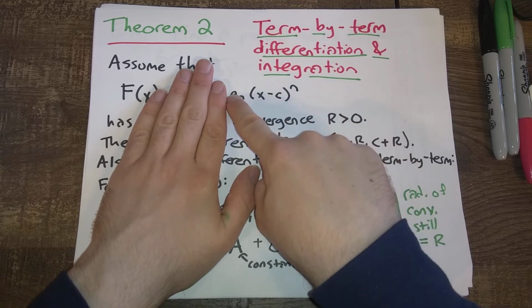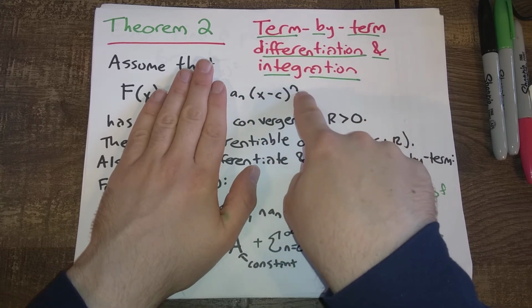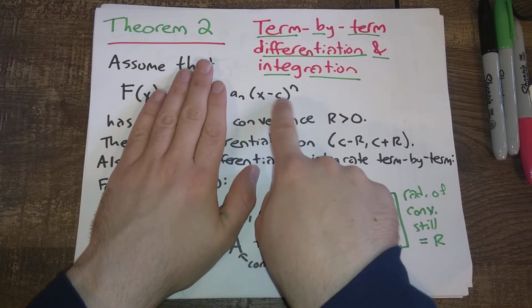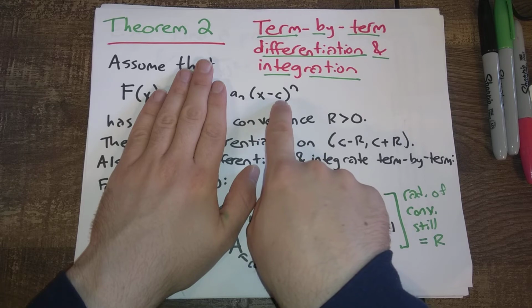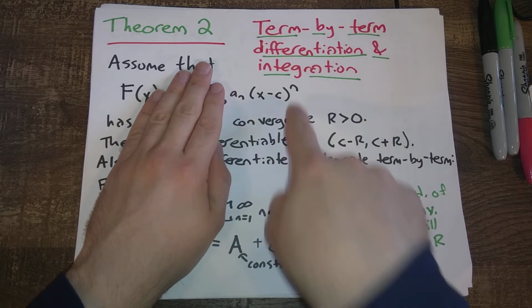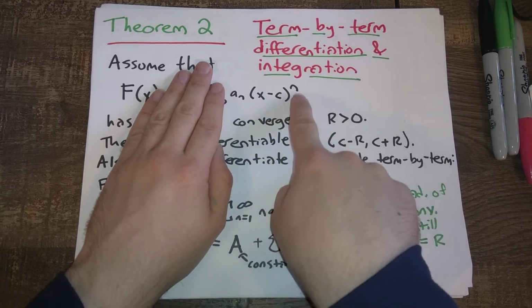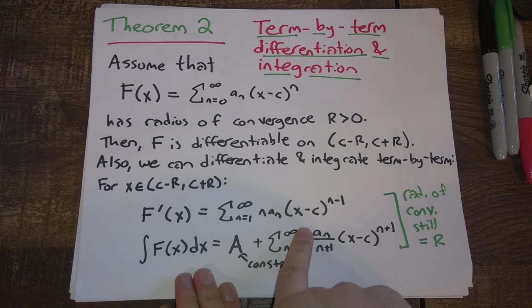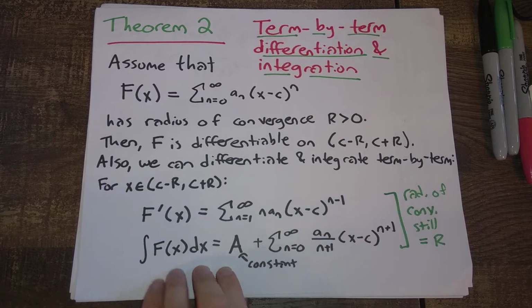We bring down the exponent, and we subtract 1 from the exponent, so that would make n minus 1. The chain rule says we have to multiply by the derivative of the inside, but the derivative of the inside is just 1. So bring down the n, subtract 1 from the exponent. That's exactly what we have here. This formula might look complicated, but it's exactly what we should expect and what we should want.